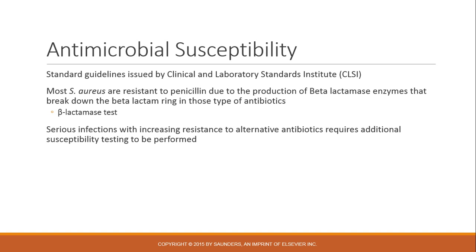So if the organism produces beta-lactamase, it breaks this ring, right? So it makes the antibiotic ineffective. So you can't treat Staph aureus with penicillin because most species produce this beta-lactamase. So the infection's not going to get better. It's going to get worse.